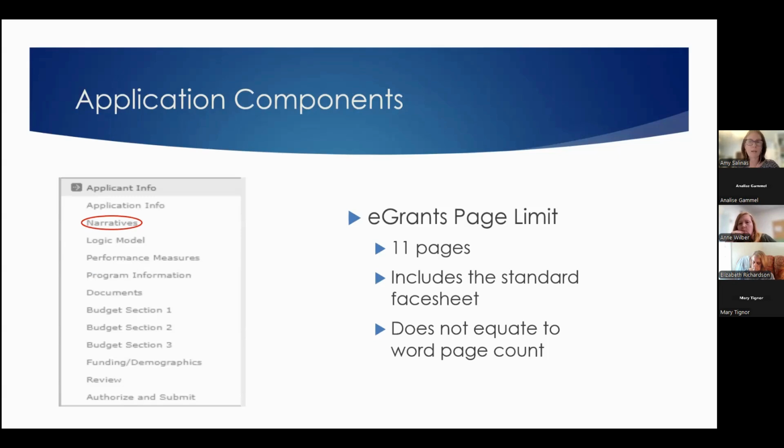That does not equate to a Word document of 11 pages. It kind of equates to maybe a Word document of 8 pages, single spaced. So don't assume that your Word document is equivalent to the eGrants. And that includes the standard face sheet. So the face sheet, which is a part of all grant applications, starts on page 1, and then the narrative will officially start on page 2.